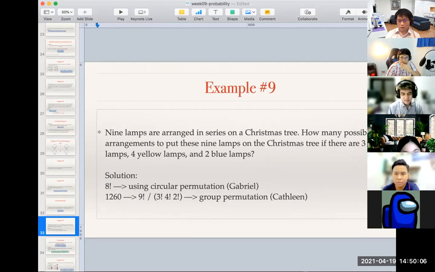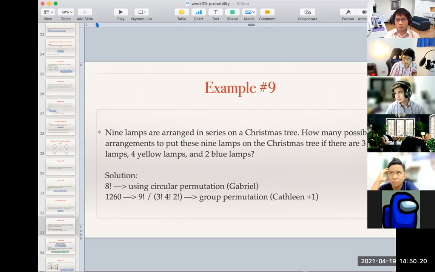It sounds pretty convincing. Plus one. Okay, how about the others, like Kilang, Michelle, and Reinhardt? I still doubt, sir.